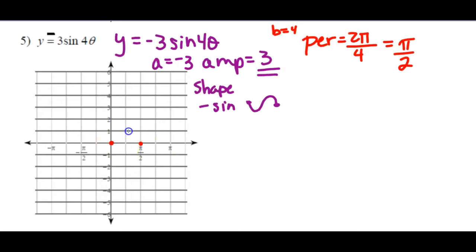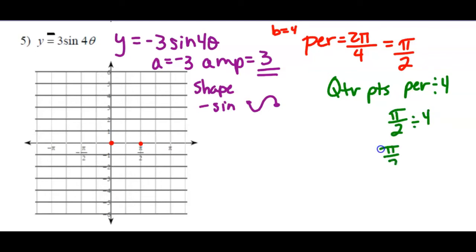So we're going to have to throw in some little quarter points along the way. The quarter points, remember, are the period divided by 4. So pi over 2 divided by 4 is pi over 2 times 1/4, which would be pi over 8. And then you keep adding that on.